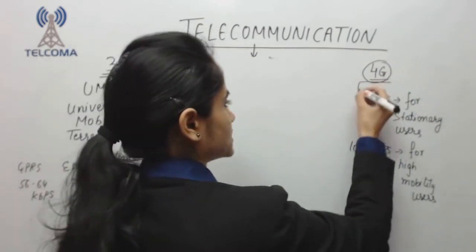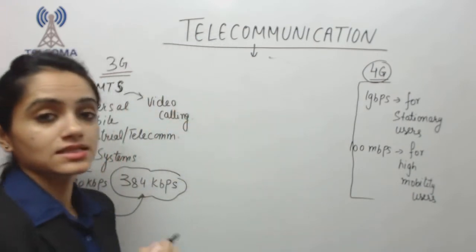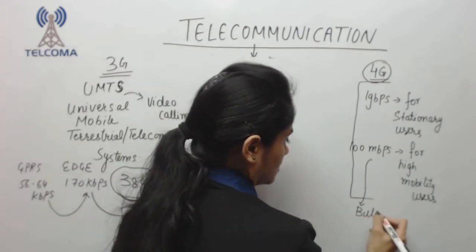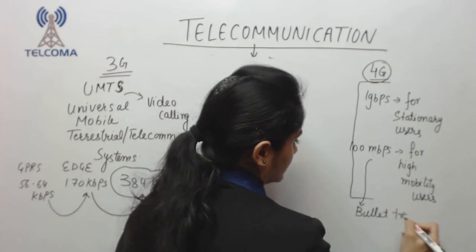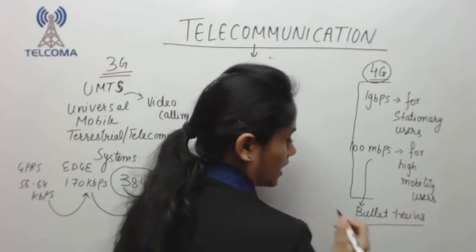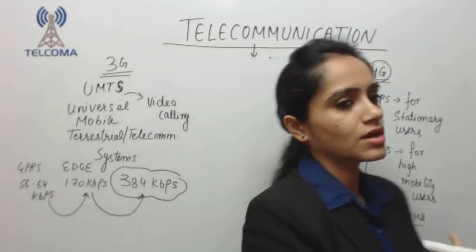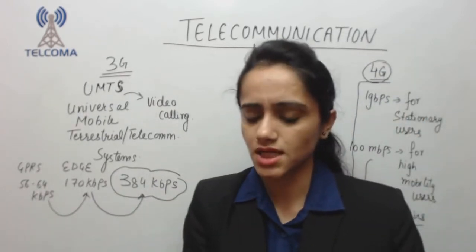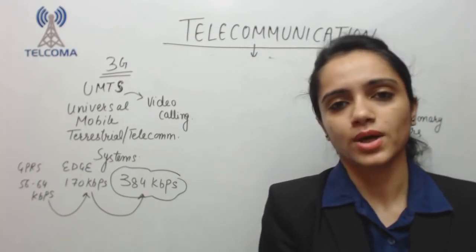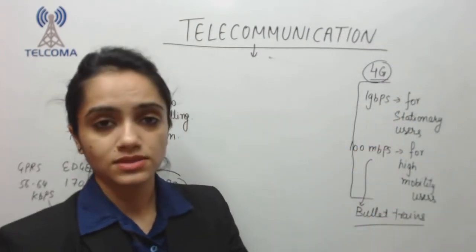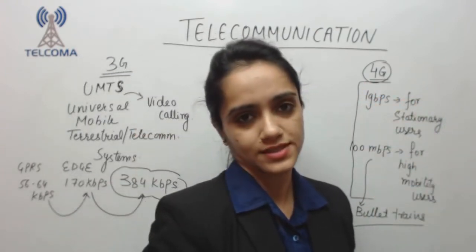Why is so much data rate required? This data rate is required for things like bullet trains. Whenever we are moving with high mobility, we require a huge data rate. So in order to meet the requirement of high mobility services, like bullet trains, we require a huge data rate. So we set up a target, and whenever we meet it, we call it the fourth generation.